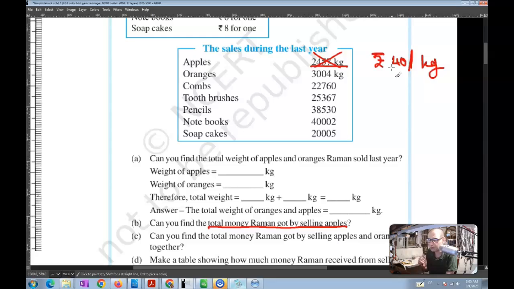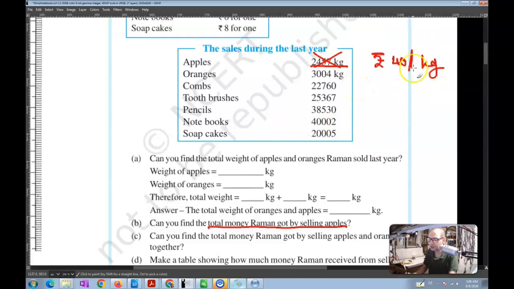which is 80 rupees. If I sell 3 kilograms, which is 3 times 1 kilogram, then the money that I will get is 3 times 40 rupees, which is 120 rupees, and so on and so forth. And this is the case because this is proportional.